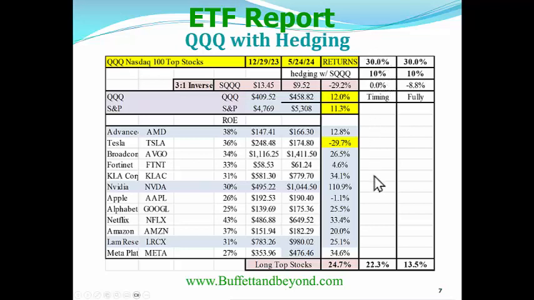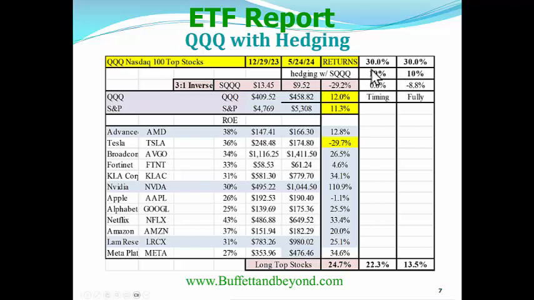So if we time that, we've been timing it from the beginning of the year, we actually have not lost any money. We got in when the market went up, we got out when the market went down, on and on. So this hedging did not cost us any money.